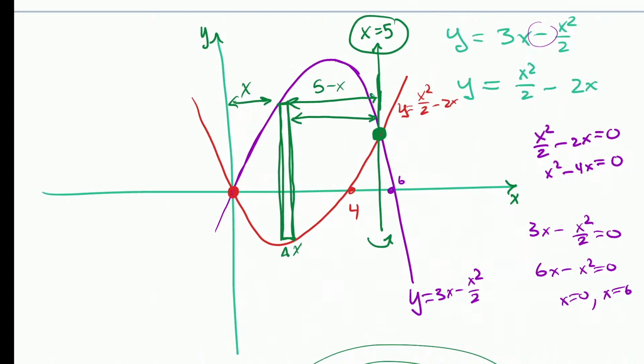You know that the distance all the way from there to the y-axis is 5. The distance from here to here is just x, because with delta x, we want everything in terms of x. So that'll be 5 minus x.